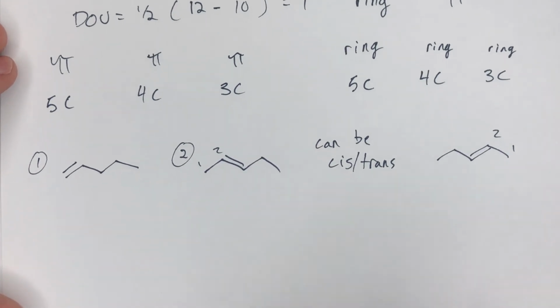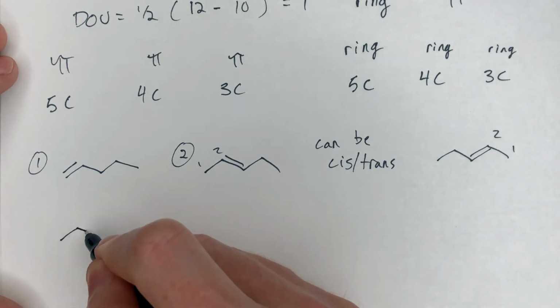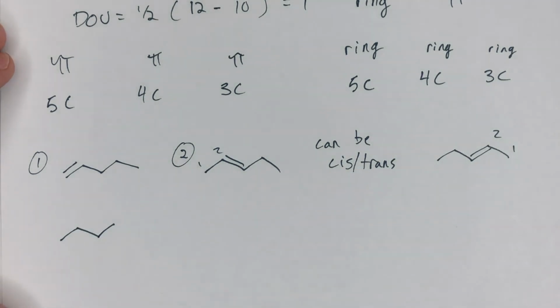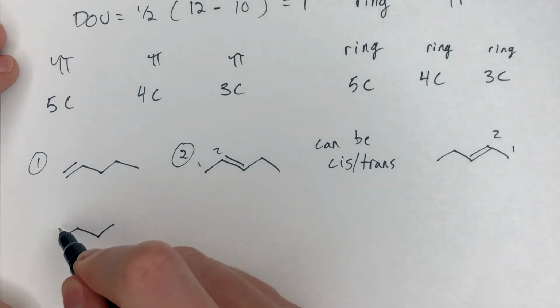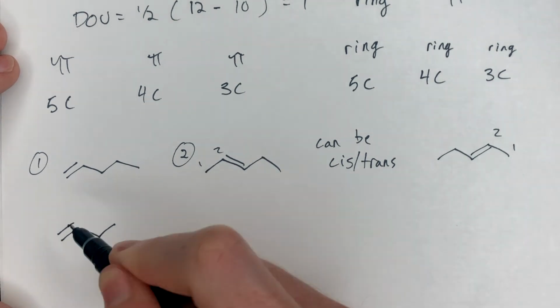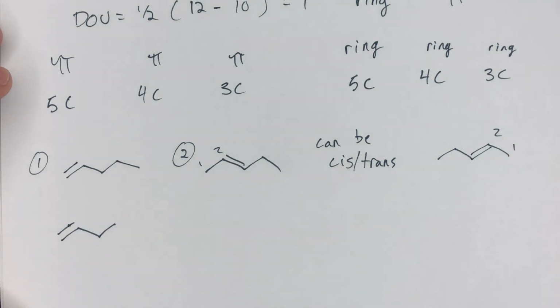Okay, so let's move to our 4 carbon chain. So here we have a 4 carbon chain. Again, the pi bond can go at the 1 position, but now we're missing a carbon. So the carbon has to go somewhere. It has to be a methyl group. It can't go terminal, again for the same reasons as last time, because if it does, it's going to extend the carbon chain, and it's now not going to be a 4 carbon chain, so it's going to be the same as one of our first 2 options.